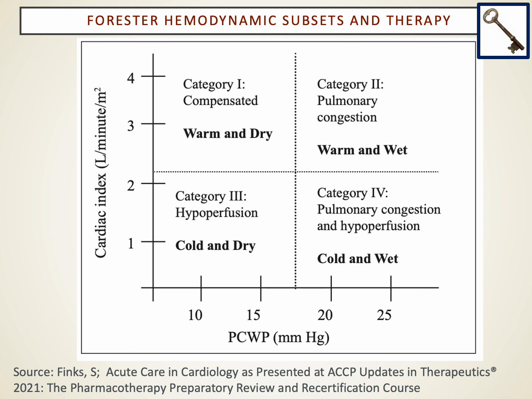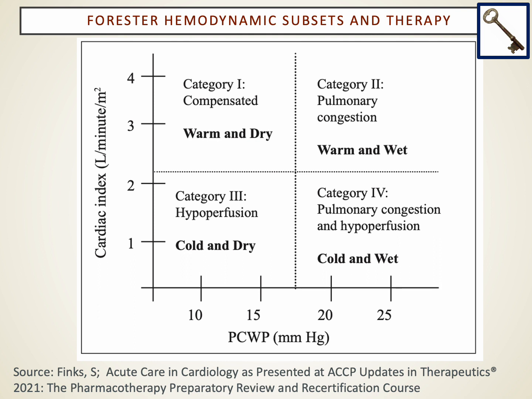If their cardiac output is generally pretty good, but they have a lot of pulmonary congestion, we consider them warm and wet. That's category 2. Category 3 is that they're hypoperfused, but they're not fluid overloaded.